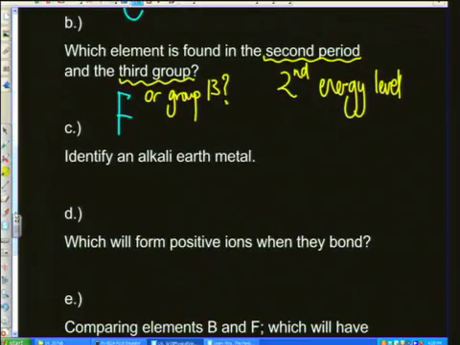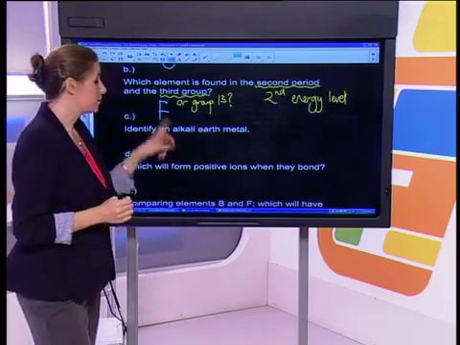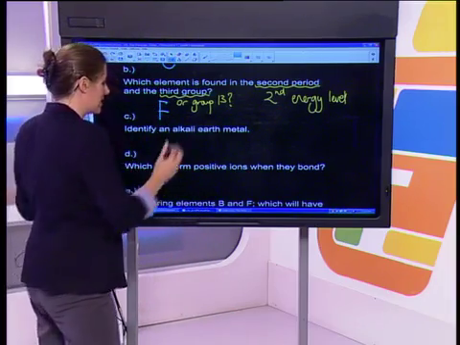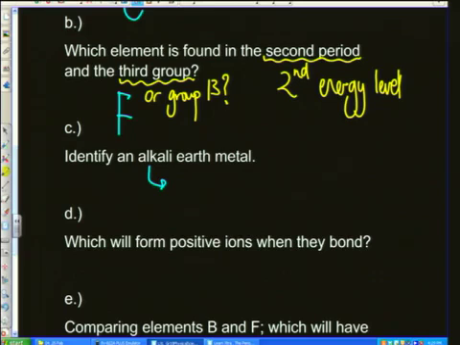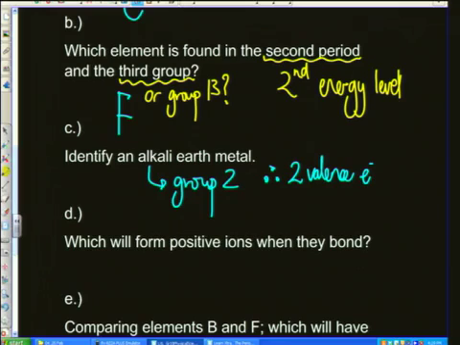Identify an alkali earth metal. Now, alkali earth metals, you need to know the names of a few of these groups. So group 1 is the alkali metals. Group 2 are the alkali earth metals. So here we have, this must be in group 2, which means, therefore, that it must have 2 valence electrons or outermost electrons.